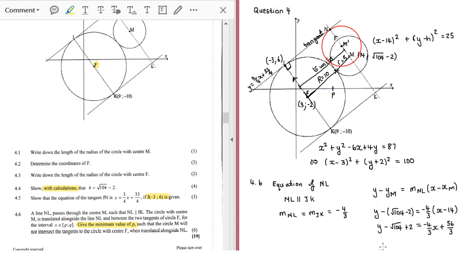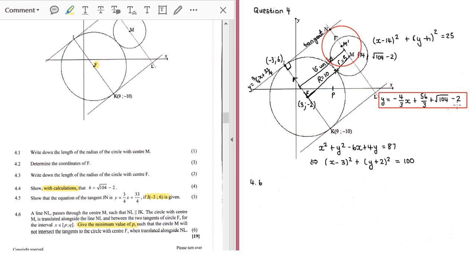Therefore, it's going to be an unusual looking equation: y equals negative 4 over 3 x plus 56 over 3 plus the square root of 104 minus 2. It's a very unusual equation, but let's just leave it in that form for now.